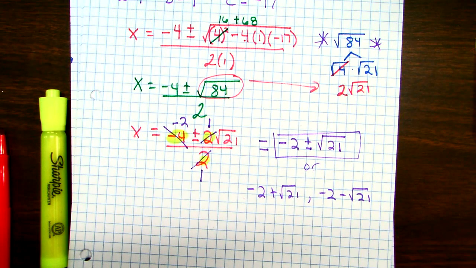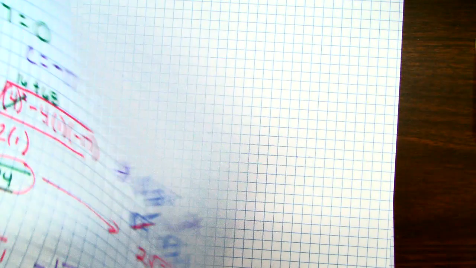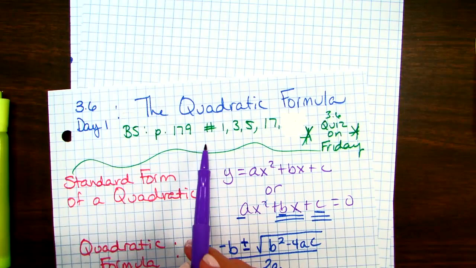Okay, so let's do some of the problems from the homework. Page 179. It was one of the pages you ripped out the other day. 179. And I'm going to do, there's only four problems. I'm going to do 2 of them with you and leave you to do the other 2. Okay?